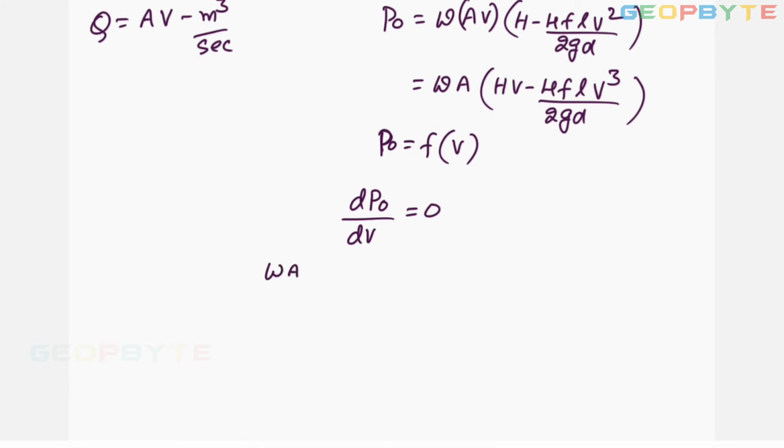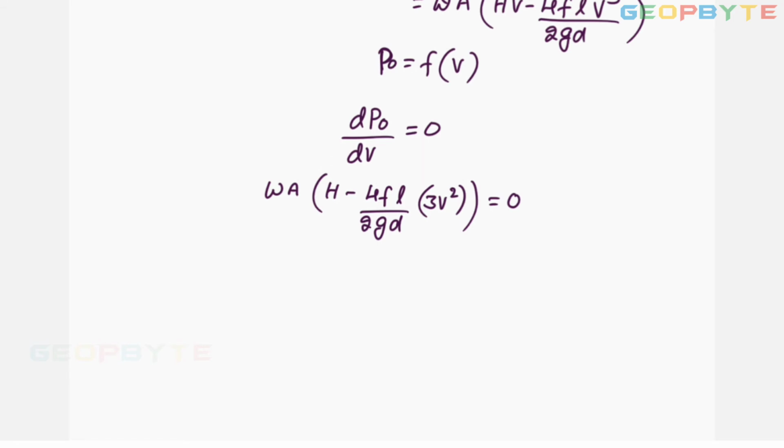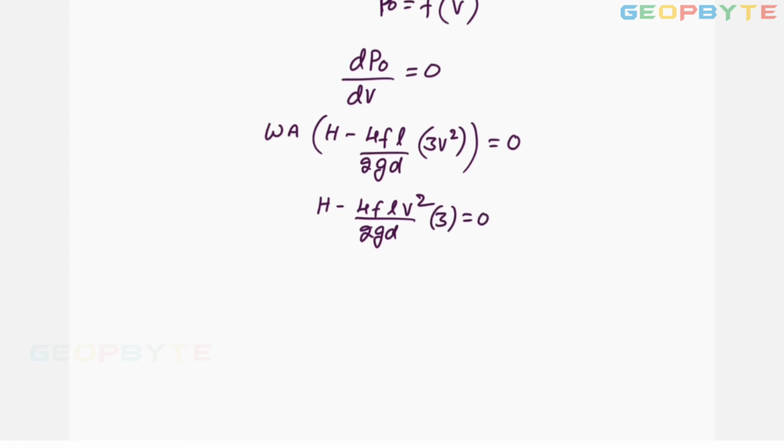WA constant into differentiation of HV with respect to V, that is H, simple mathematics, minus 4 constant, F constant, L constant, 2GD also constant, into 3V square. It must be equal to 0. You bring the WA to the other side, 0 by something is 0, so H minus 4FLV square by 2GD into 3 must be equal to 0.